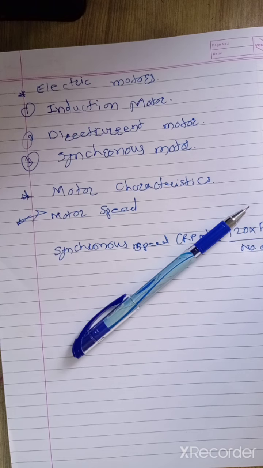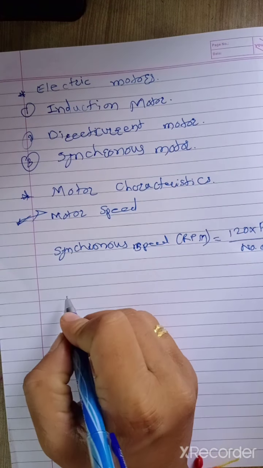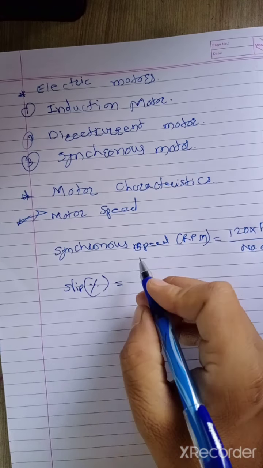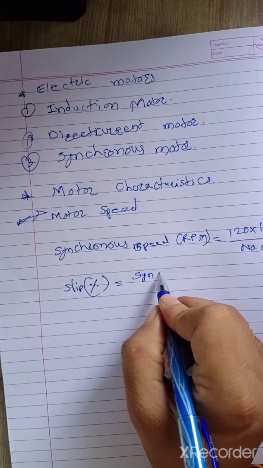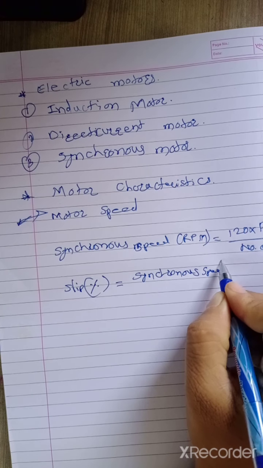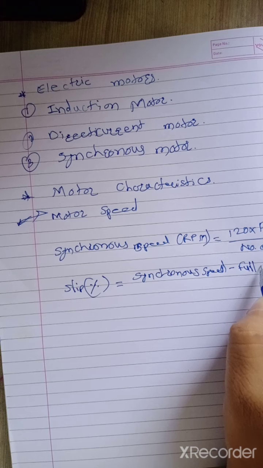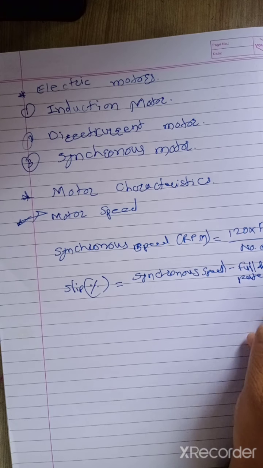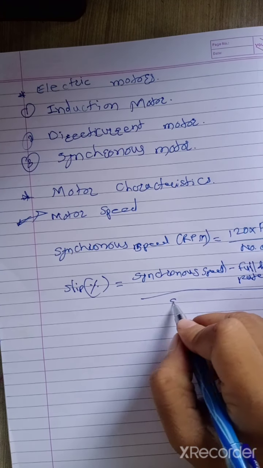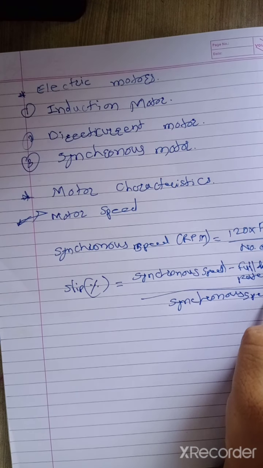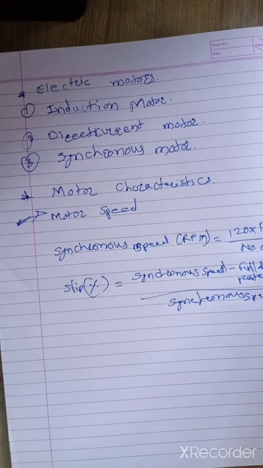It is calculated using the equation: slip in percent equals synchronous speed minus full load rated speed, divided by synchronous speed, into 100. This is the slip percentage.